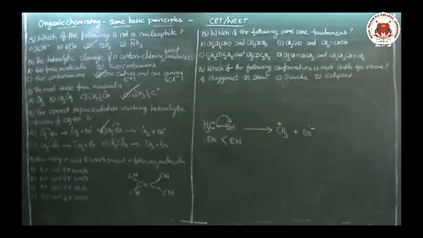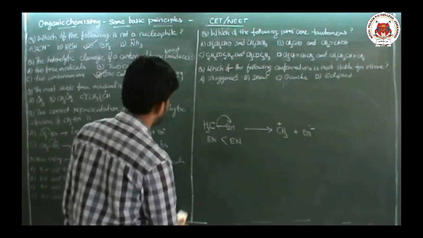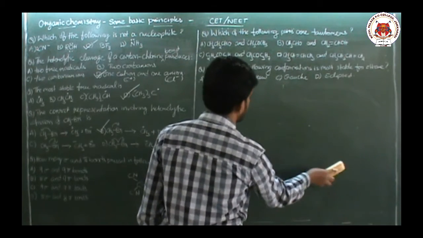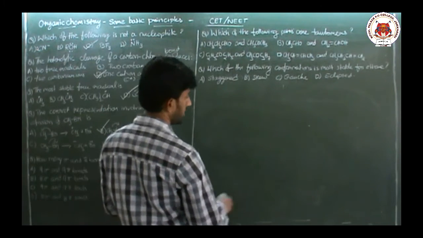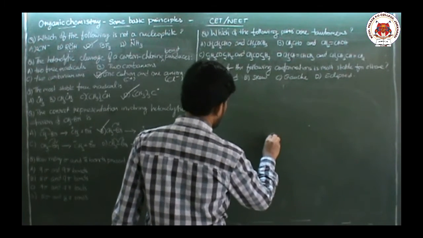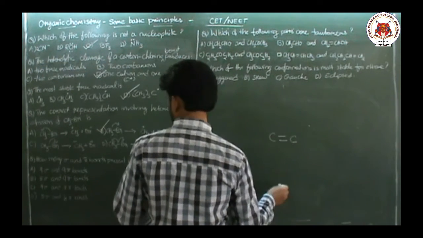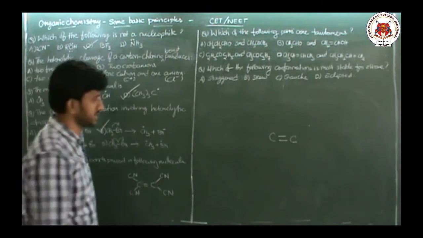Next question. How many sigma and pi bonds are present in the following molecule? Now the molecule is C double bond C. 4 cyanide groups are attached.